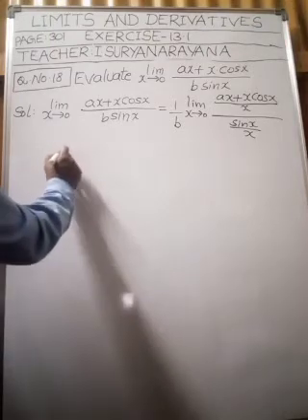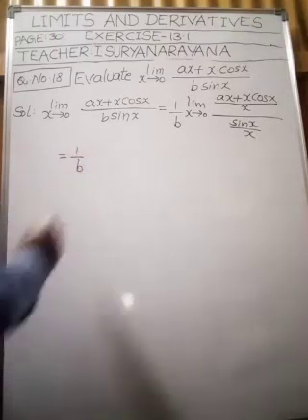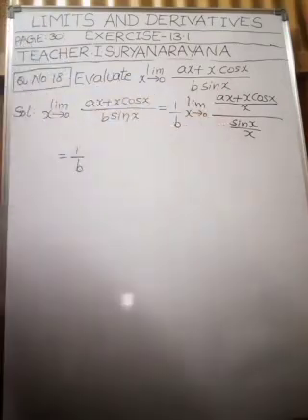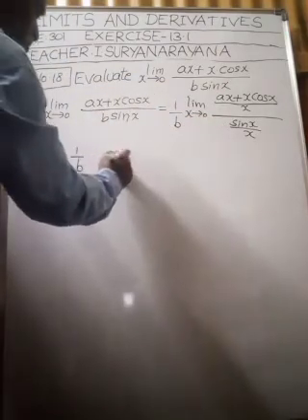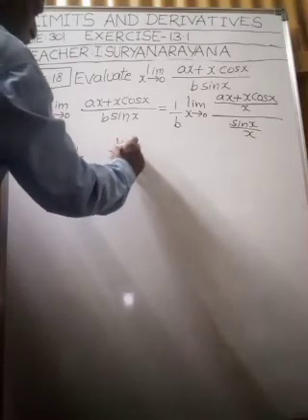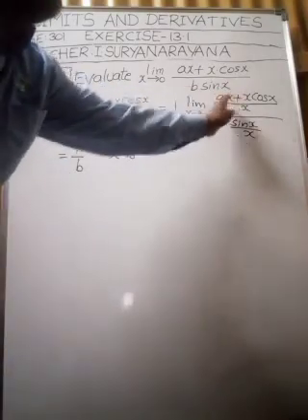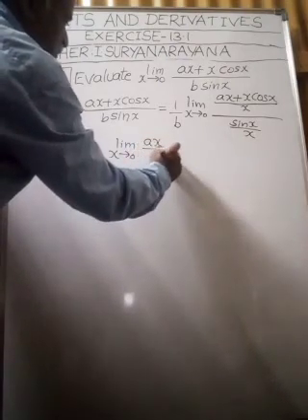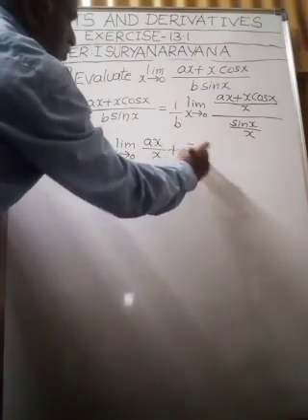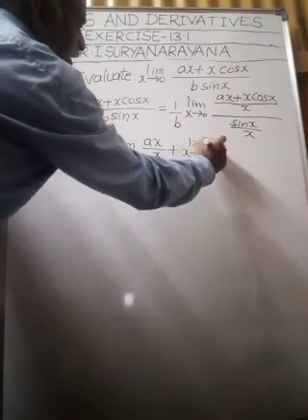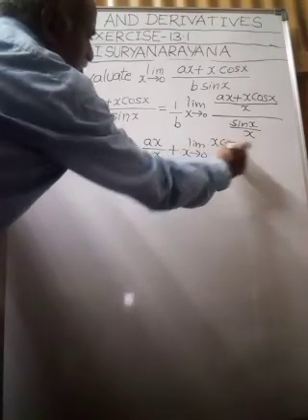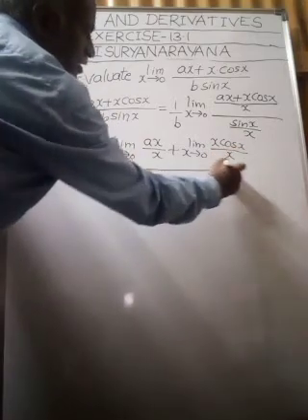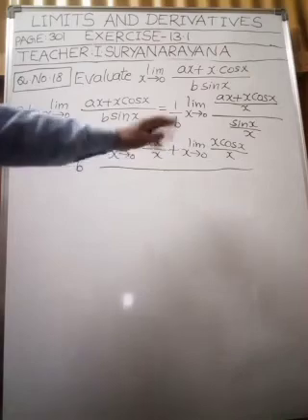That is equal to 1 by b. Now let us take the numerator and denominator limits separately. So as x tends to 0, let us split into two fractions. What will you get? Ax by x plus, as x tends to 0, limit x cos x by x. I am taking the limit of every term in the numerator separately.